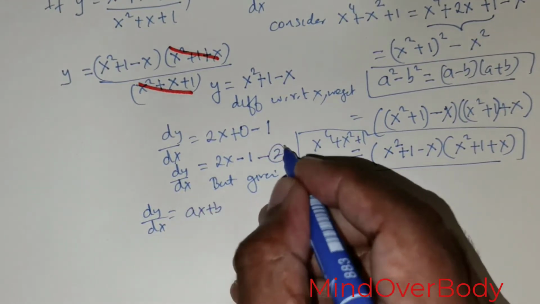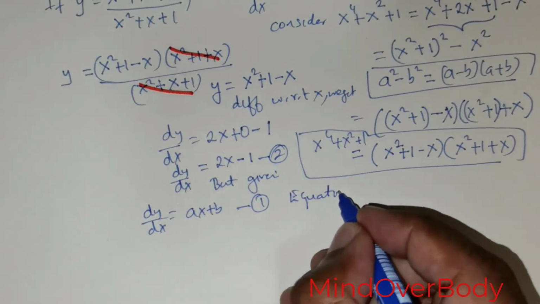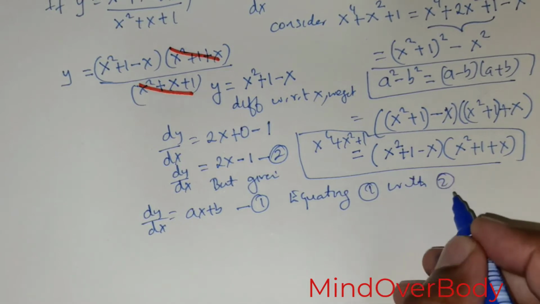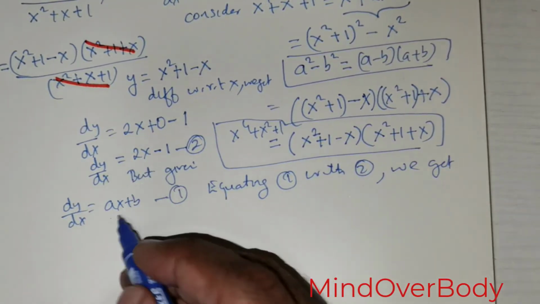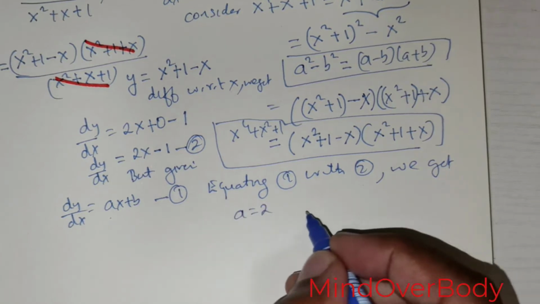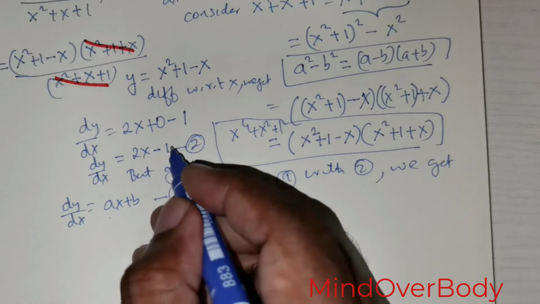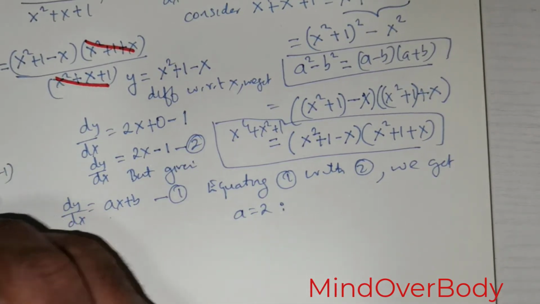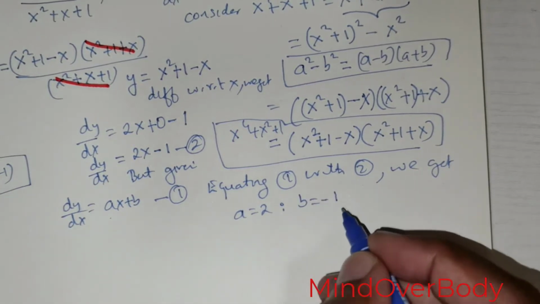If I were to take this as 2, if I were to take this as 1, equating with this, in place of a, you got 2, and in place of b, you can rewrite this as 2x + (-1). So that would mean b value is -1.